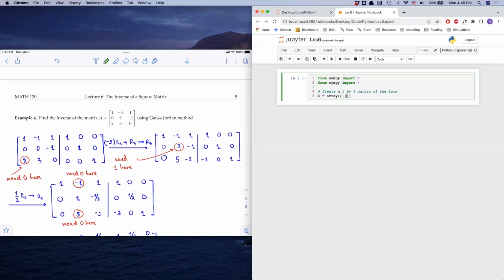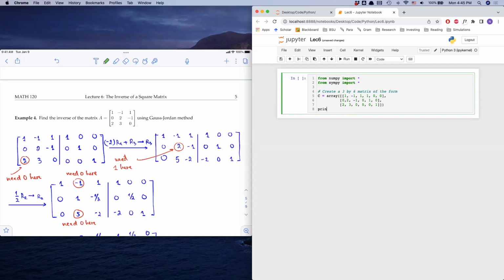The first row includes the entries 1, -1, 1, 1, 0, 0. The second row is 0, 2, -1, 0, 1, 0. The third row is 2, 3, 0, 0, 0, 1.